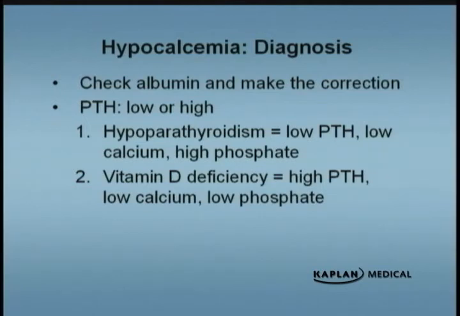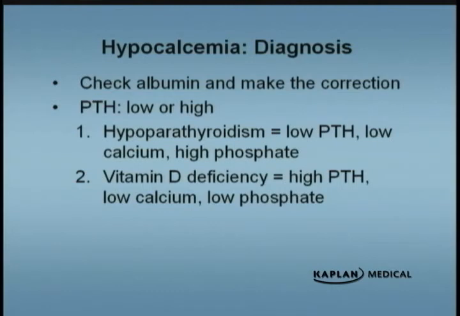So a patient presents to us with hypocalcemia. What is the first thing we do? The first thing we do is we don't check parathyroid hormone levels, we don't check any vitamin D levels. The first thing we do is we make the correction for albumin. We check the albumin and make the correction, because remember, at the start of this talk, I told you that when we measure calcium, we measure total calcium, and that about 40% is bound to albumin.